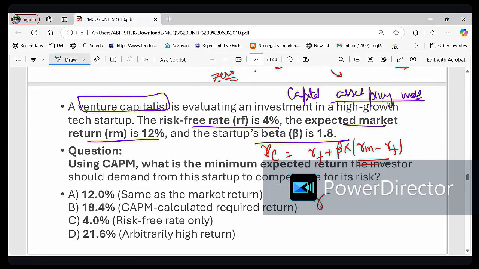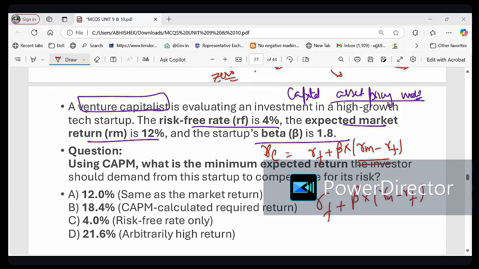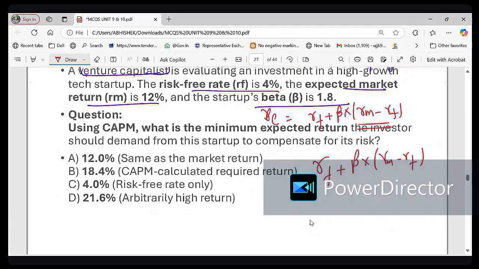So the formula is RF plus beta multiplied by RM minus RF. So what is RF here? RF is 4%. What is beta? Beta is 1.8. What is RM? This is 12%. What is RF? RF is again 4%. So how much are you getting?